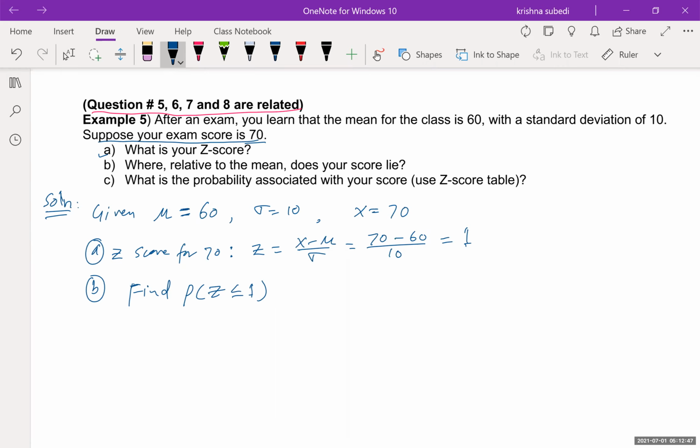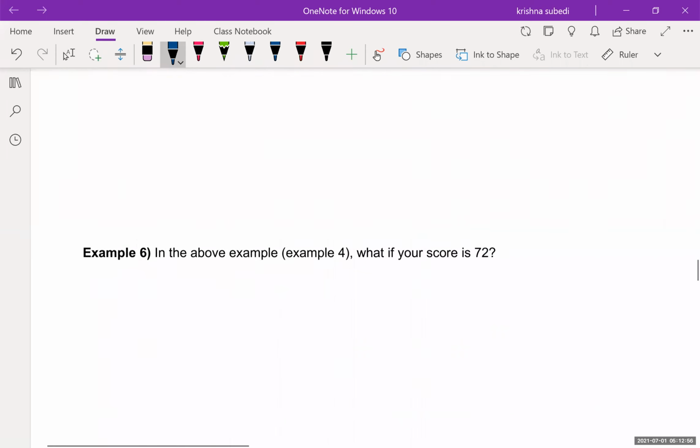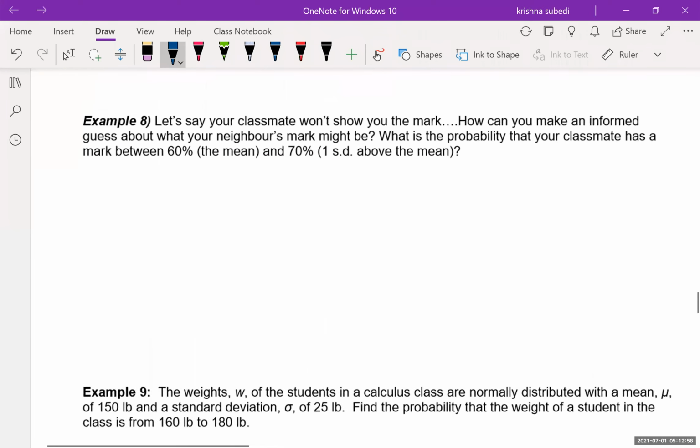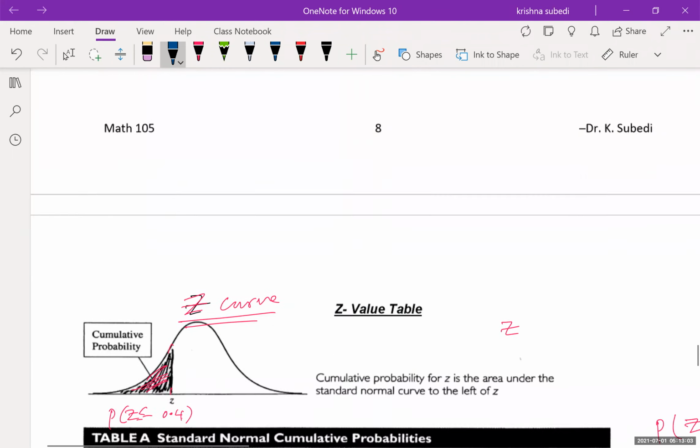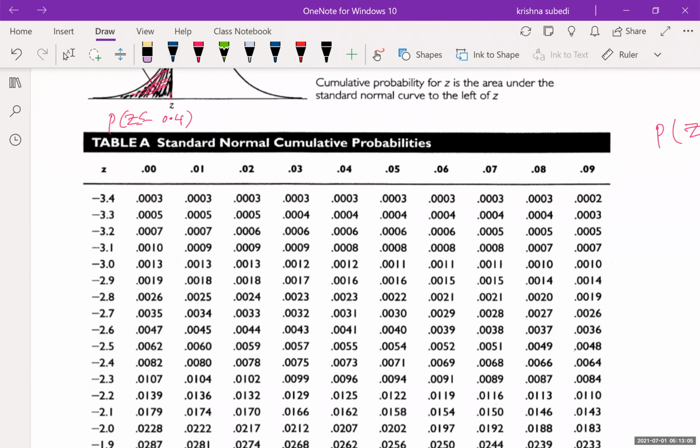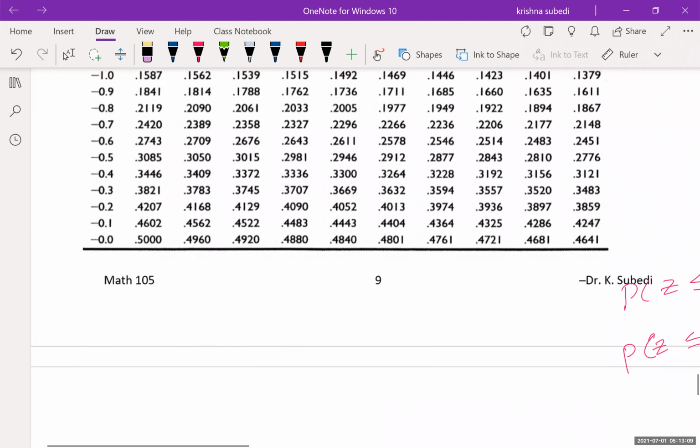Okay, so that means let us look at the table. Z equals 1. Let's go all the way down. We have the table. I believe you also have the table in your handout. Z equals positive 1.